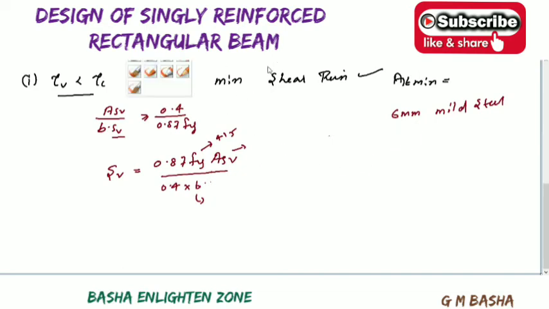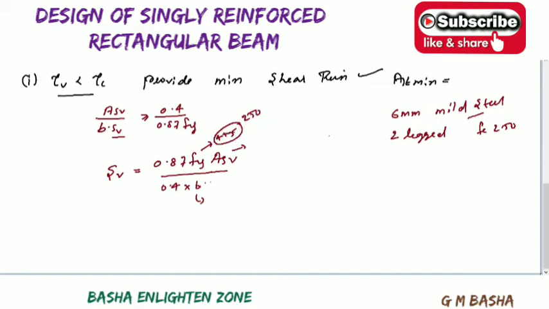So we are providing two-legged 6 mm stirrups. Mild steel means Fe 250. So therefore you can use in place of Fy, sorry, here Fy will be 250. Why? Because we are using 6 mm mild steel.